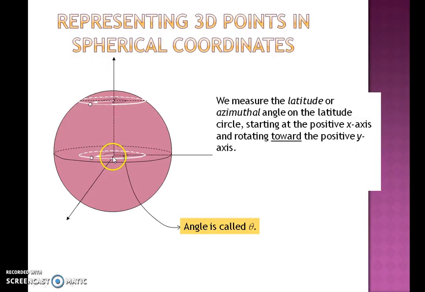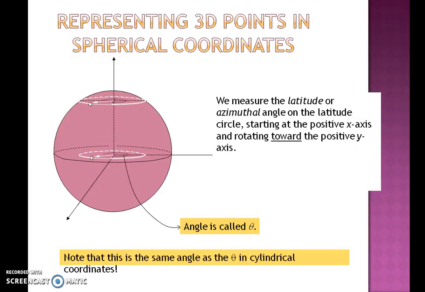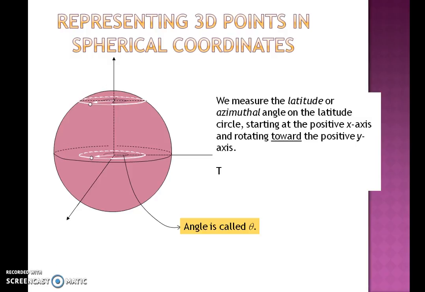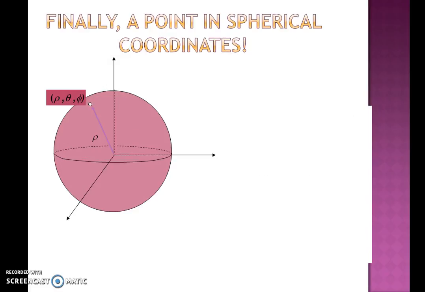That is, you measure from this point towards this point. This angle is known as theta. Note that this is the same angle theta as in the cylindrical coordinate system. The range of this angle is 0 to 2 pi.